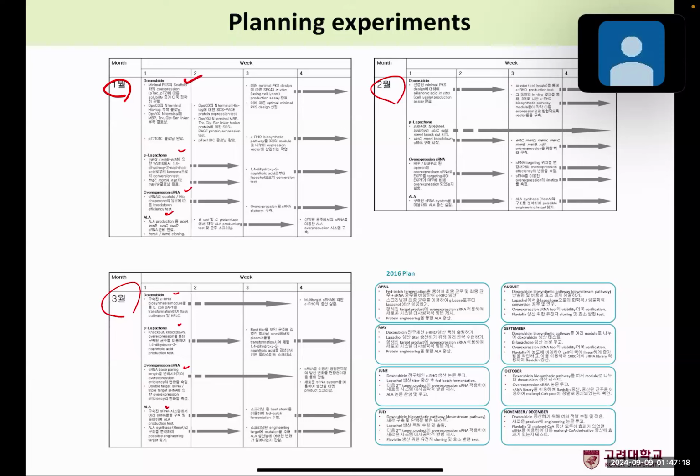And then, because you don't precisely know what you'll be doing in the next several months, I make very brief plans for the upcoming months, right? So by doing so, you will be able to set up the detailed experimental plans for the upcoming months and also the whole year, right?